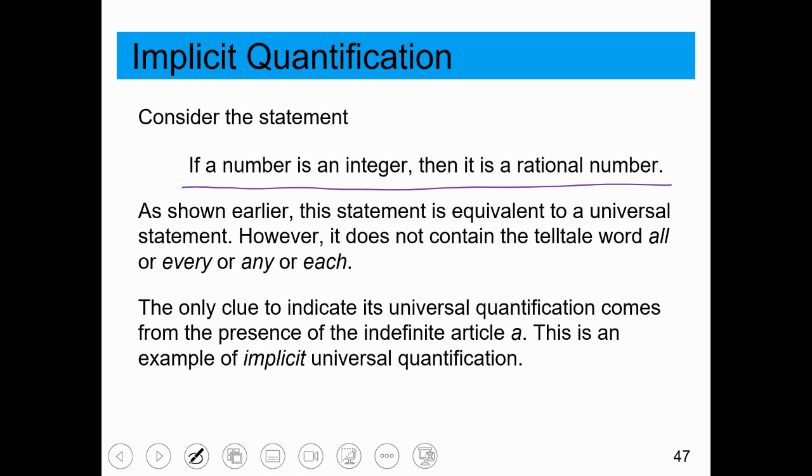If a number is an integer, implies that we're talking about all integers. Okay, so sometimes we have implicit quantification. So this is certainly a universal quantification, even though it doesn't explicitly say that.